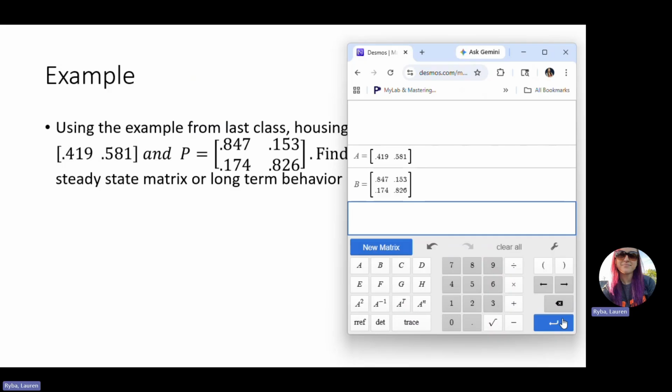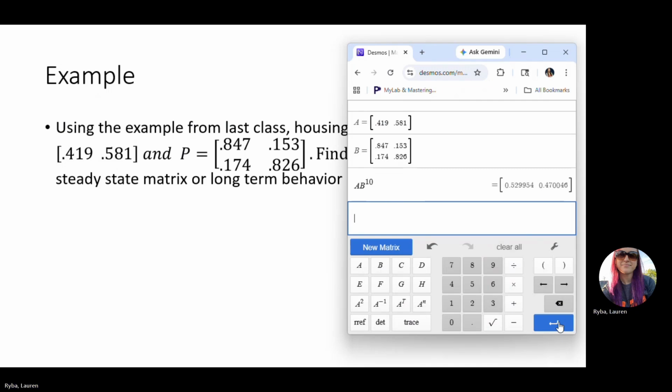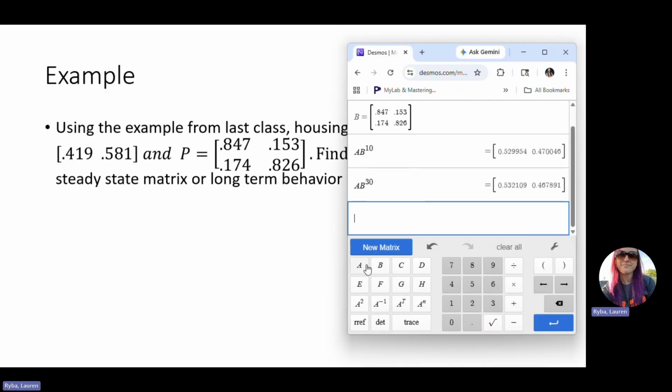So they want us to find S10, S30, and S50. So we're going to take A times our transition matrix 10 times. So 10 cycles through. 30 cycles, I'm going to change the power to 30. And 50, I'm going to change the power to 50.